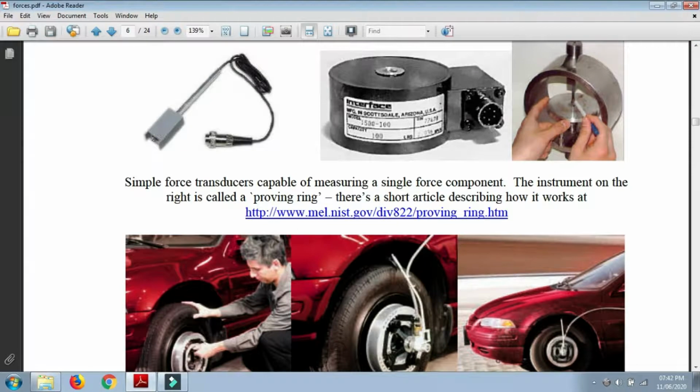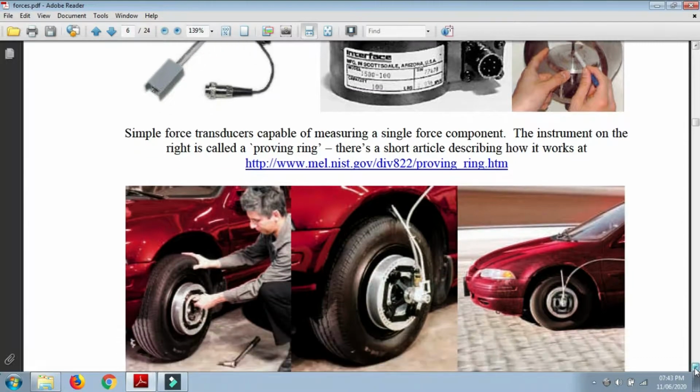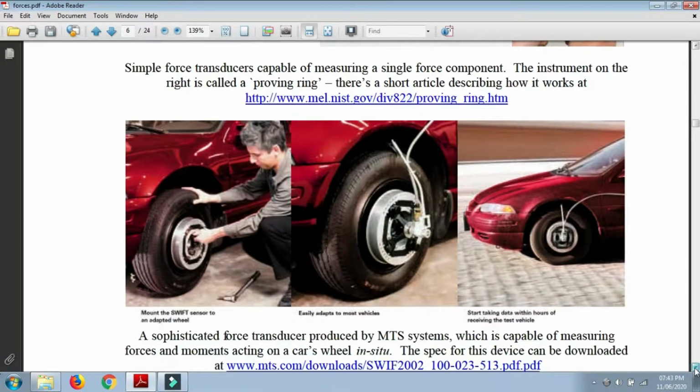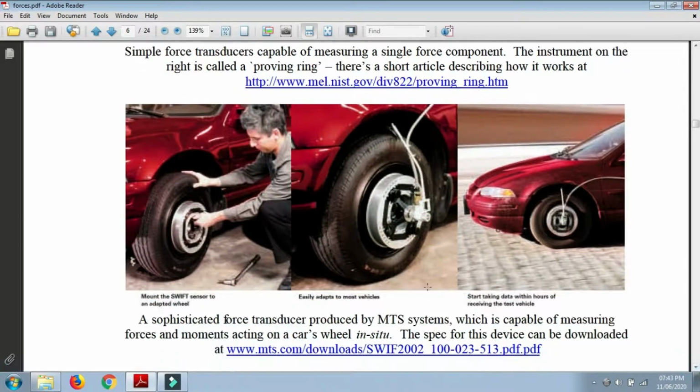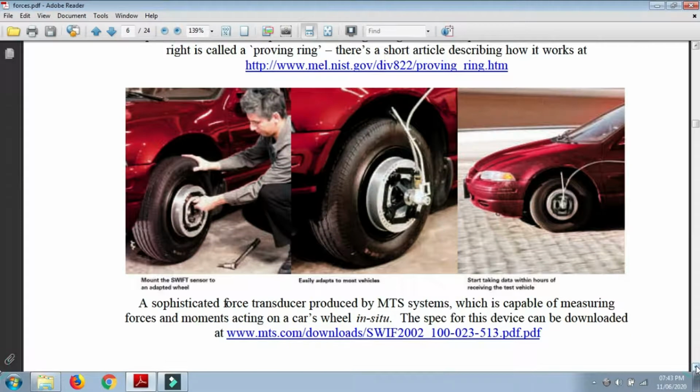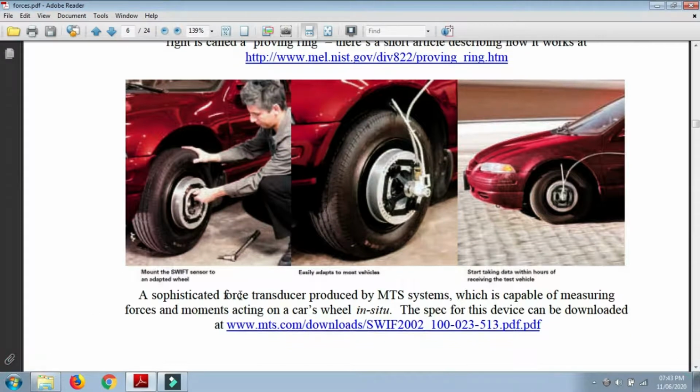So very knowledgeable and informative information over here. A sophisticated force transducer produced by an MTS system is capable of measuring force and moments acting on a car's wheel in situ, as shown.